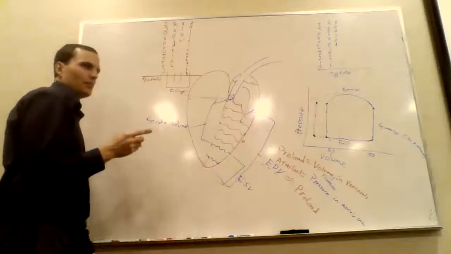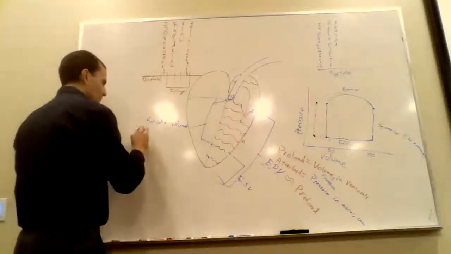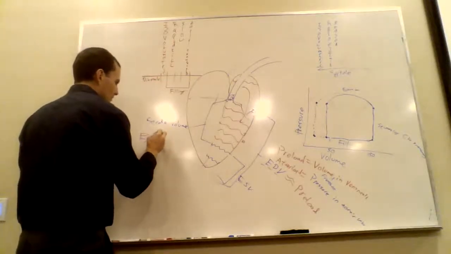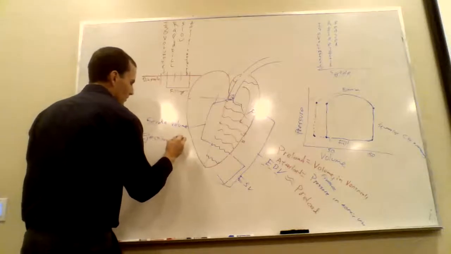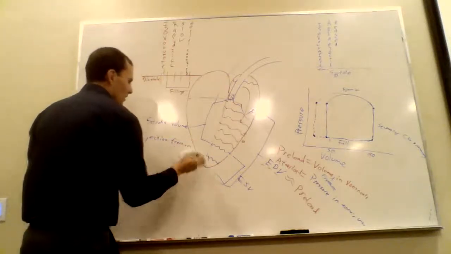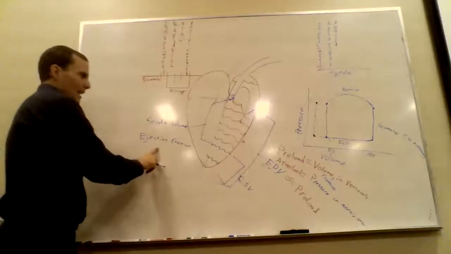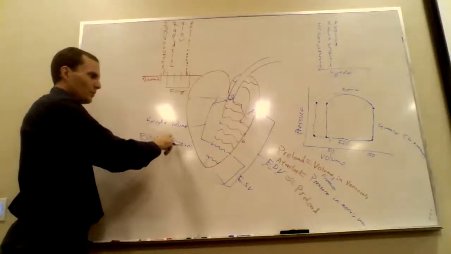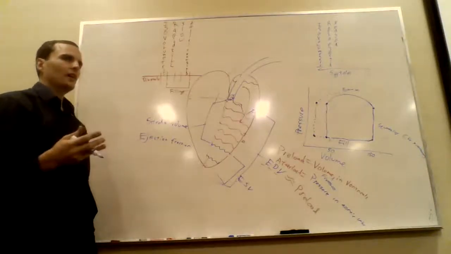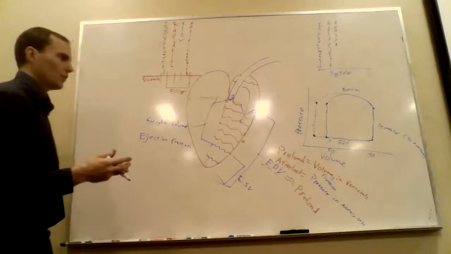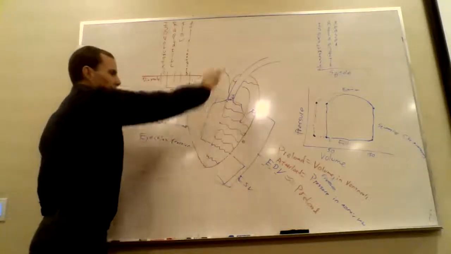And then something very similar to stroke volume is ejection fraction. Ejection fraction is very similar to stroke volume, except now we're expressing it in a percentage. And so it's what percentage of the blood left.